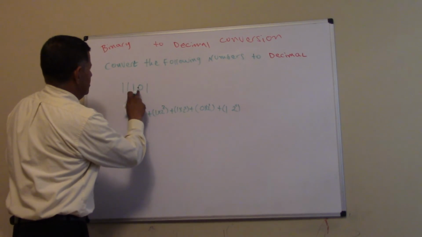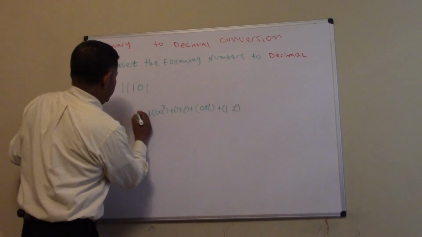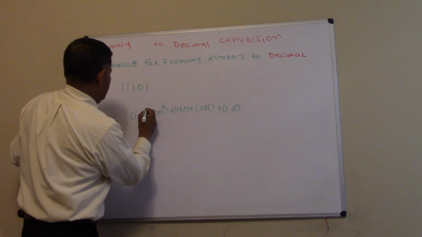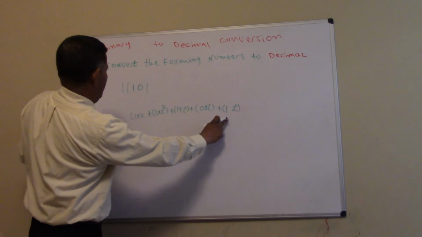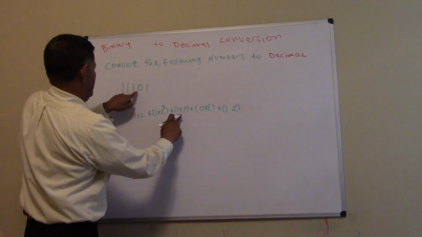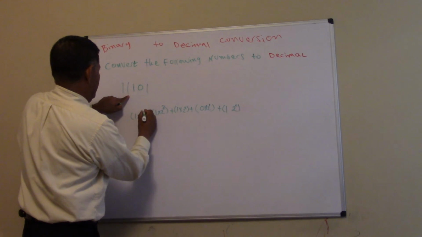So how many do I have? 1, 2, 3, 4, and 5, so I need 1 more: 1 times 2 to the 4th power.